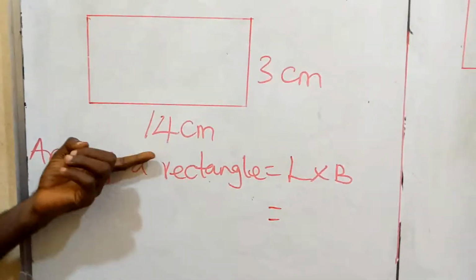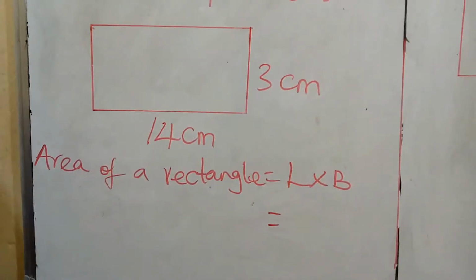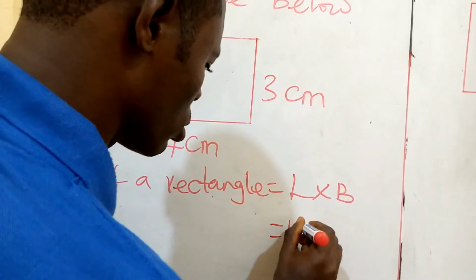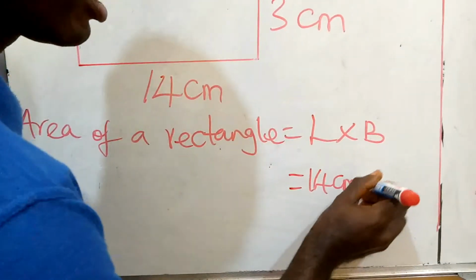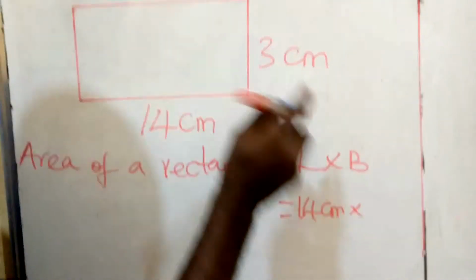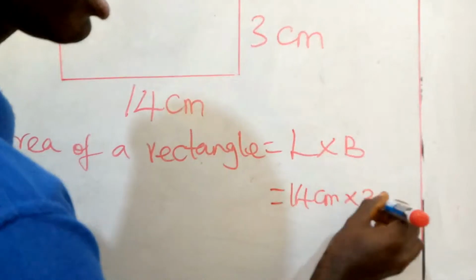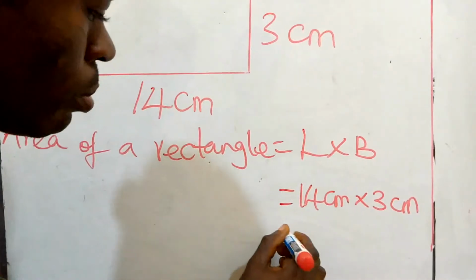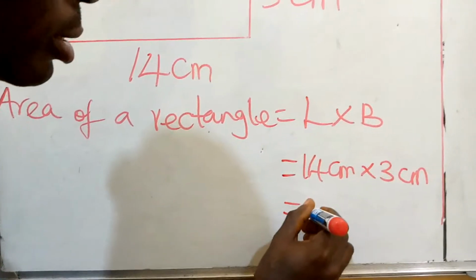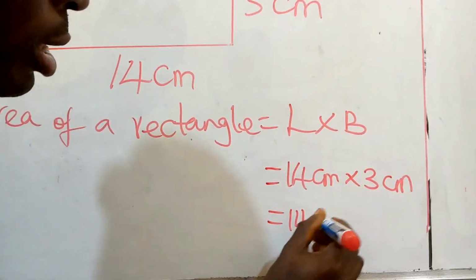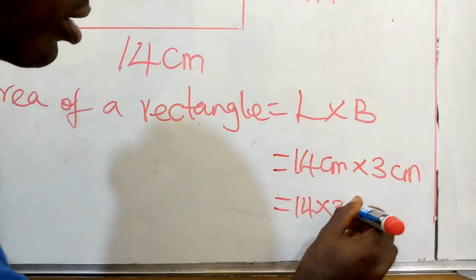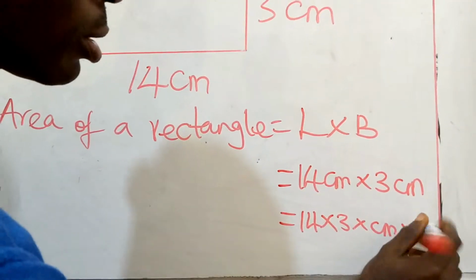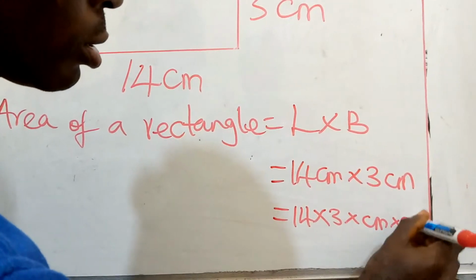Next thing we are going to do is to substitute. Our length has been given to be 14 centimeters, while the breadth has been given to be 3 centimeters. Next we collect the numbers. That is 14 times 3 times cm times cm.